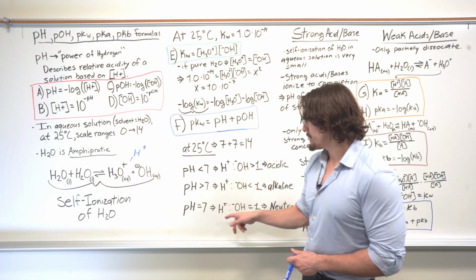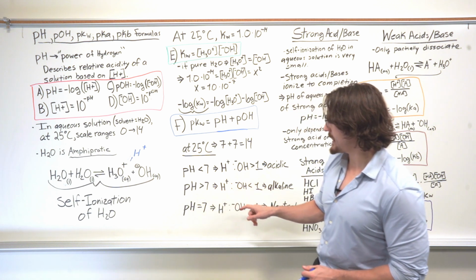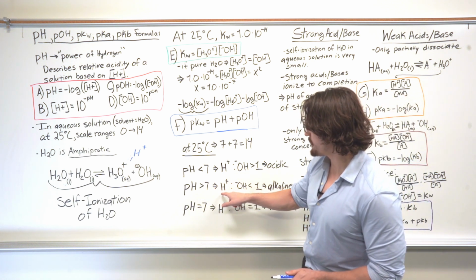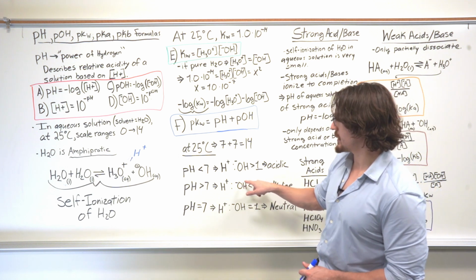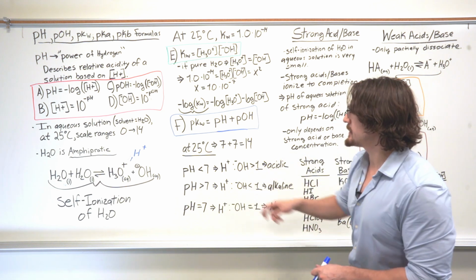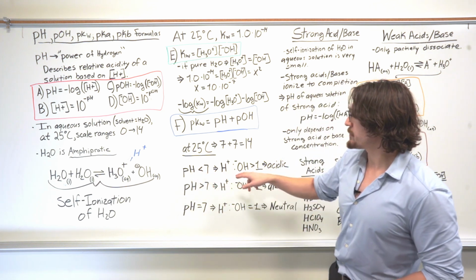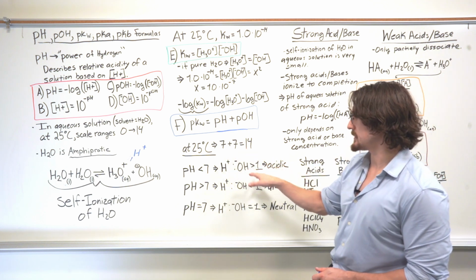Therefore, if the pH is greater than 7, that means the ratio of proton to hydroxide is less than 1, so there's actually more hydroxide than protons. So this is an alkaline solution, or basic, okay? And if the pH is less than 7, the proton to hydroxide ratio is going to be greater than 1, so there's more protons than hydroxide relatively.